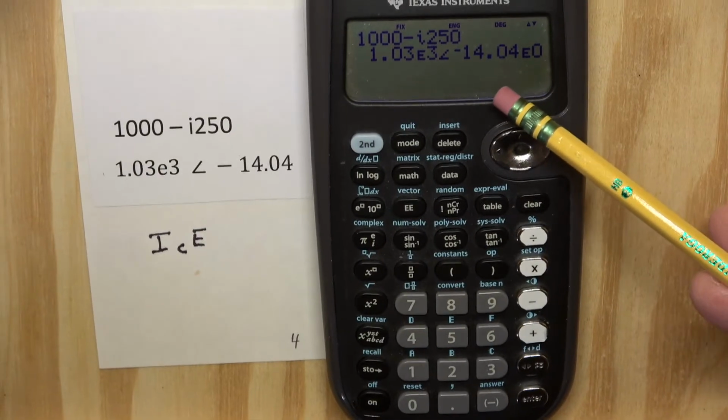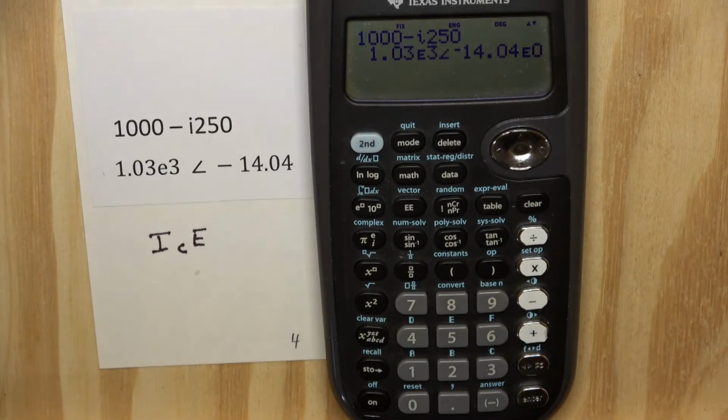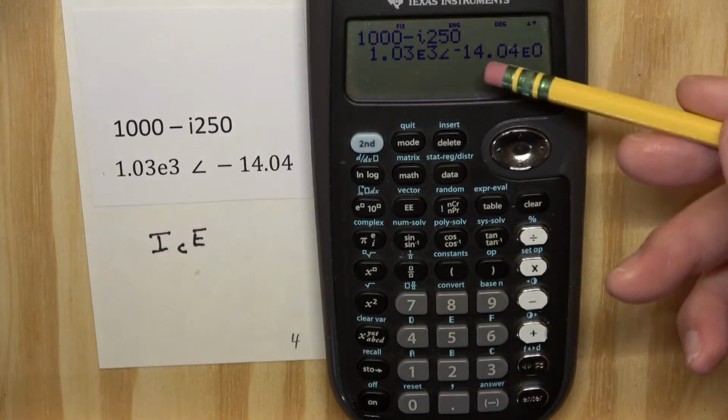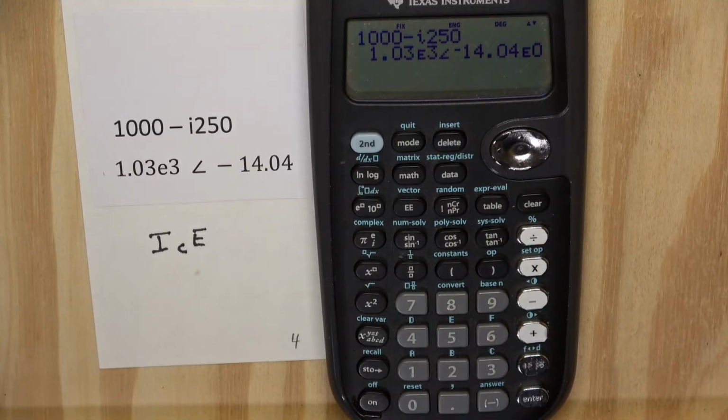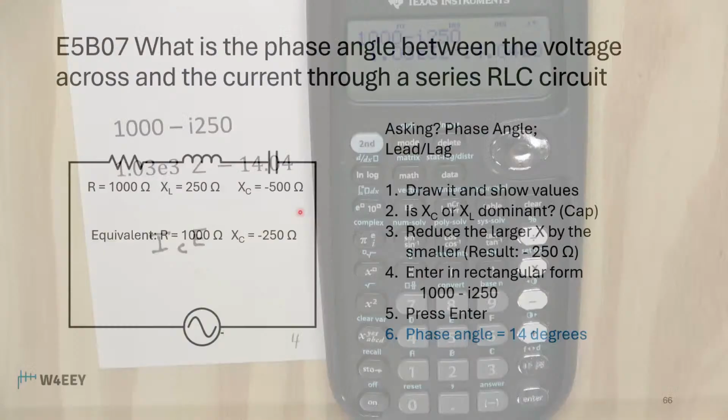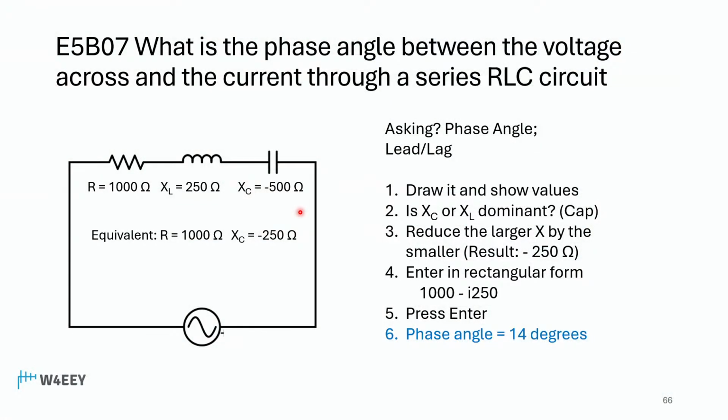It's actually negative, but they're just interested in the absolute value of the phase angle, so 14 degrees is our answer. Back to the slide, the pool questions don't ask if it's positive or negative as we get into those.